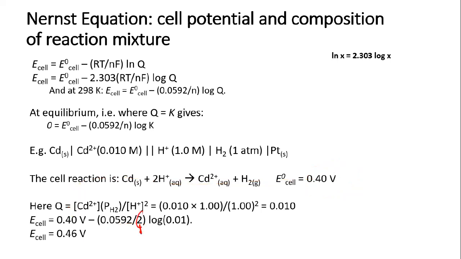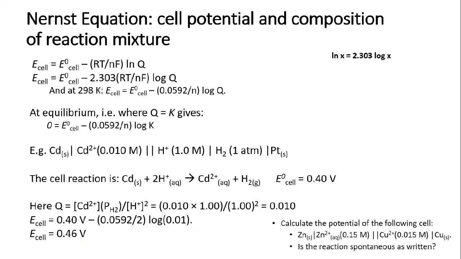We have 2 electrons, since it's a 2-electron process to convert cadmium 0 to cadmium 2+. Put in our Q, and we take the log of that, and the cell potential is 0.46 volts. That's how you use the Nernst equation. Here is an example that you can go ahead and try.